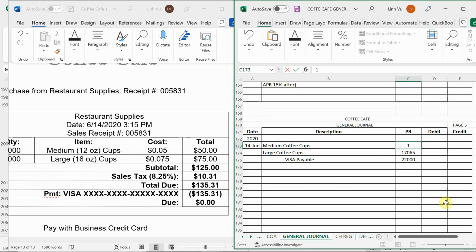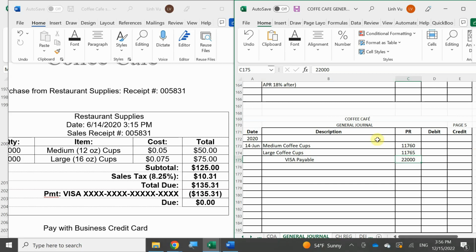I apologize. And 22,000. Okay. Now, if I made a payment for $135.31, what happened to the tax? What did I do with that? You have to split it.